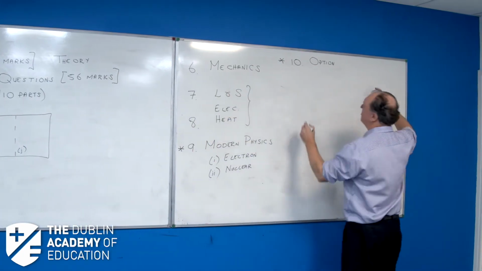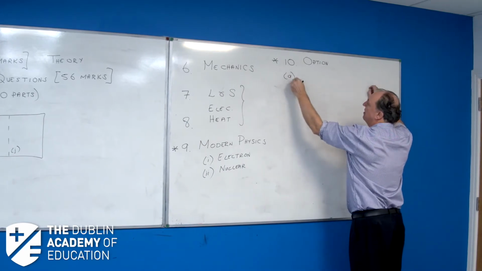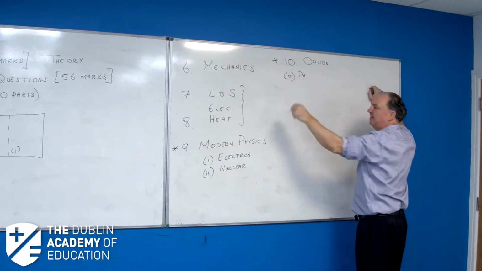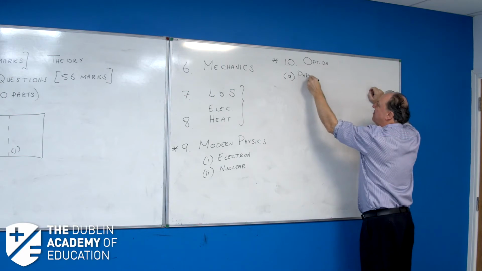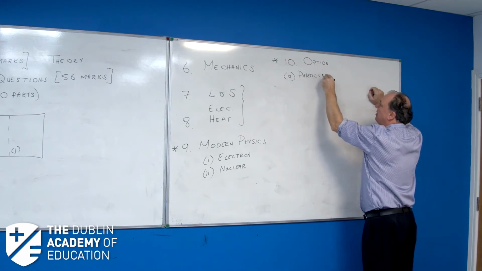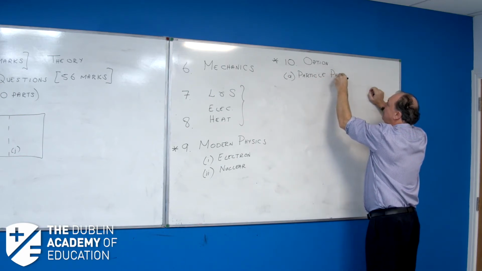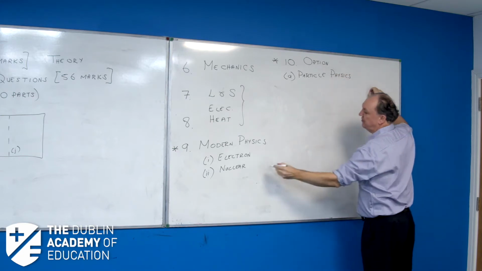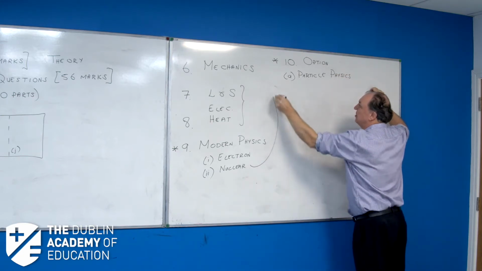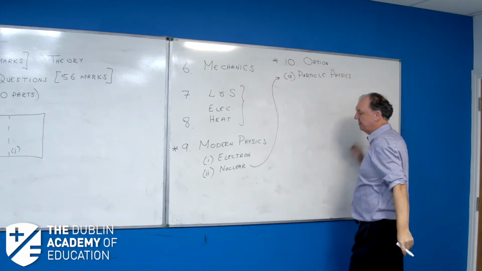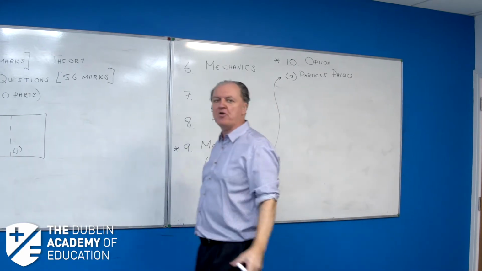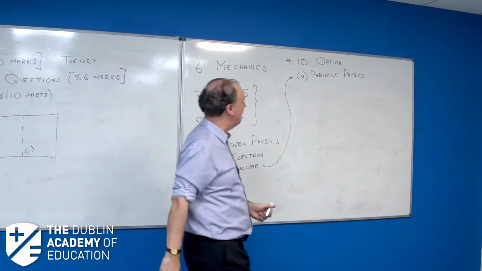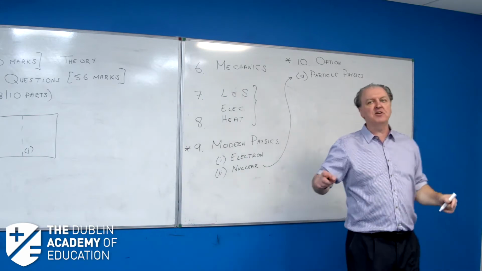There's 2 options. Part A, that's the particle physics. I think 90% of the country do that. I do it as well. But you can't do the particle physics unless you've done the nuclear physics. So they go hand in hand. So I have to be able to do the modern physics in order to do the particle physics. But it's very, very short.